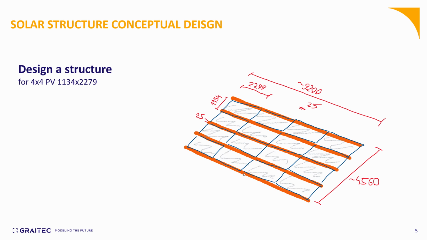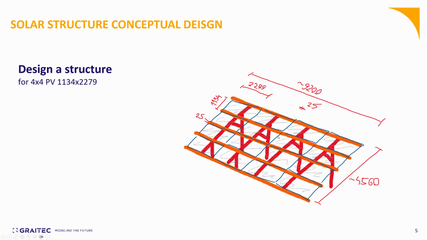Then here you see our purlins, which are going to be directly supporting our panels. After that, you have the rafters, which are supporting the purlins and the panels using two columns and also a bracing system.